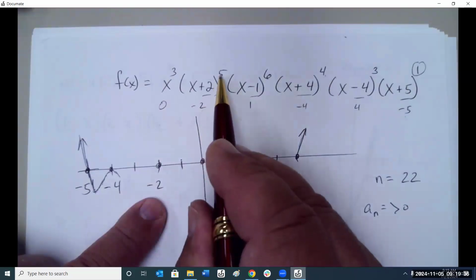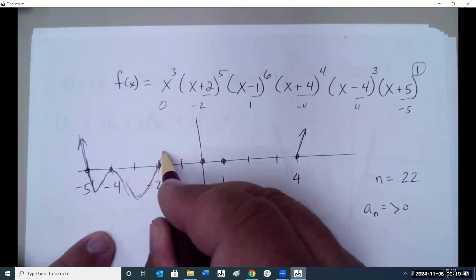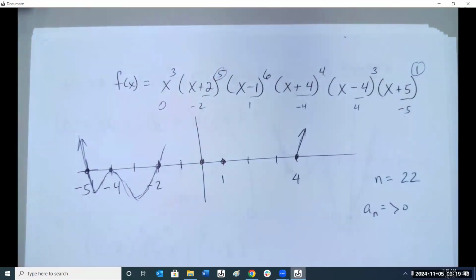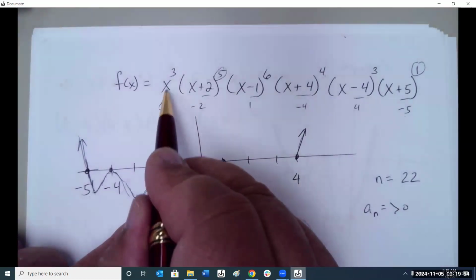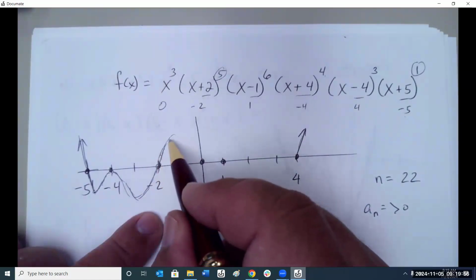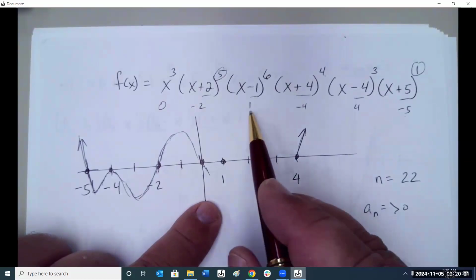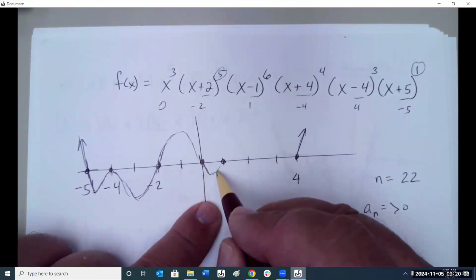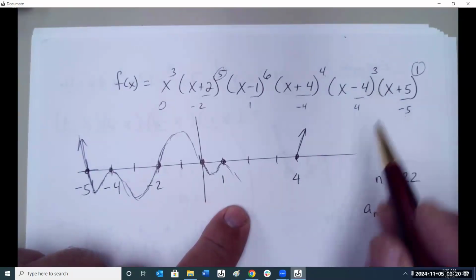At -2, it's 5, so it crosses because it's an odd multiplicity. It only bounces if the multiplicity is even. What does it do at 0? It crosses. At 1, it bounces. And at 4, it crosses.